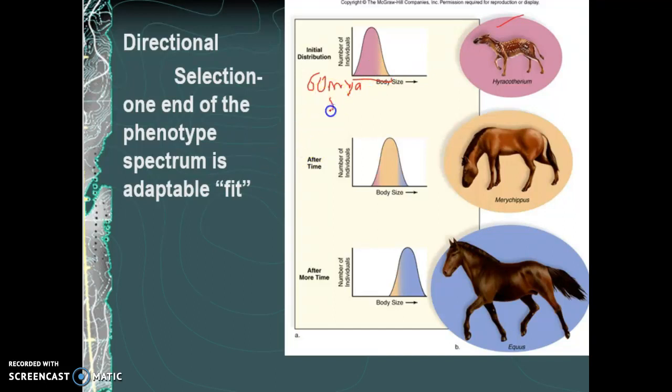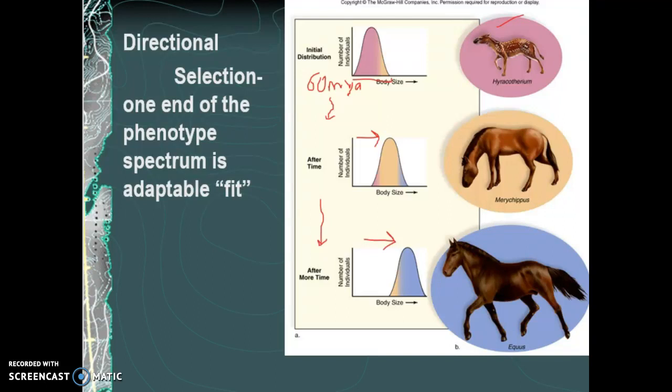Now, over the course of 20, 25 million years, we see the average body size going this way. It's getting bigger and bigger. Give it another 10, 20, 30, 40 million years, and the average body size keeps getting bigger and bigger and bigger. That was adaptable. To be the biggest horse, each generation was more adaptable.